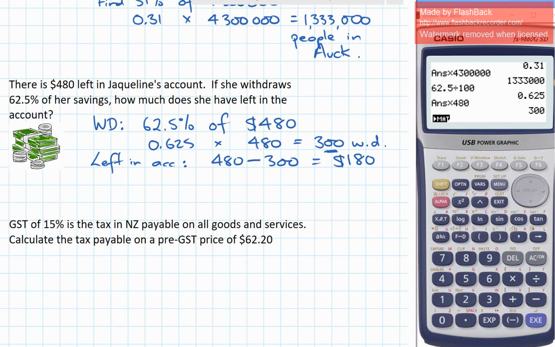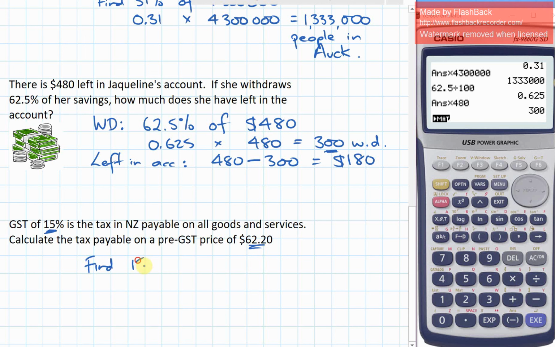GST of 15% is the tax in New Zealand payable on all goods and services. Calculate the tax payable on a pre-GST price of $62.20. So I need to find 15% of $62.20.